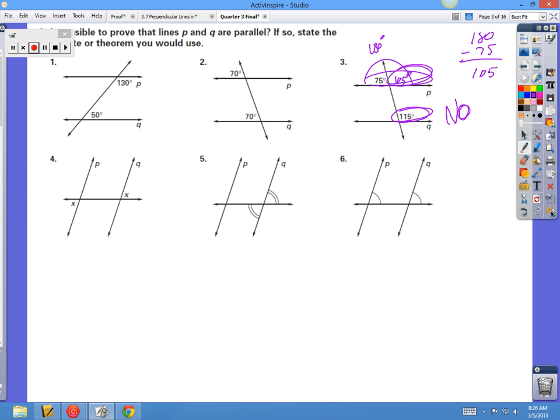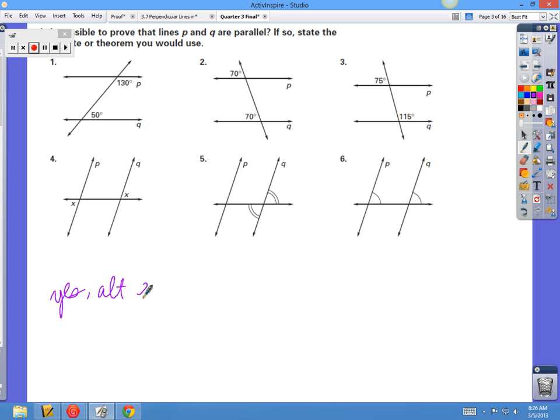Okay, 4 is a good question. 4 is yes. Because alternate exterior angles are congruent in parallel lines. So x is whatever.